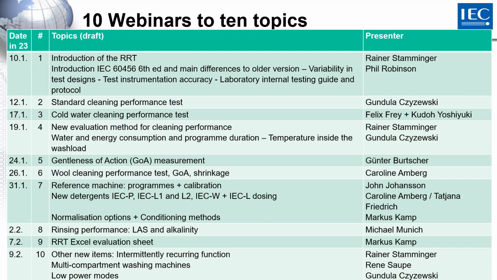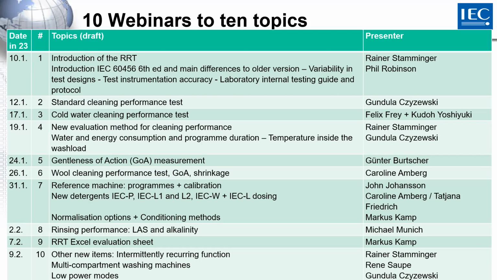And on 7th of February, Markus Kamp will introduce to you the Excel evaluation sheet, which you will have to use in the round-robin test. He will tell you how to use it, what to put in, and what all has to be done. And at the end, we will have some kind of a wrap-up where we introduce to you things which are also new, but not really tested in the round-robin test.